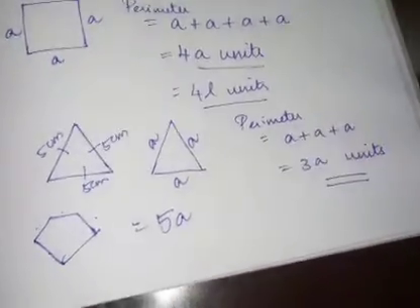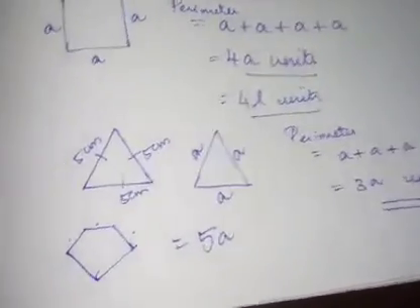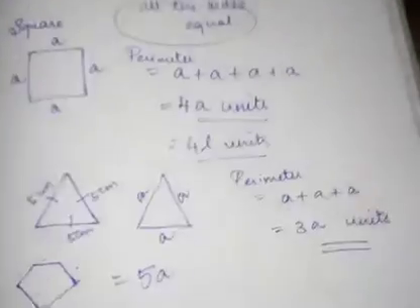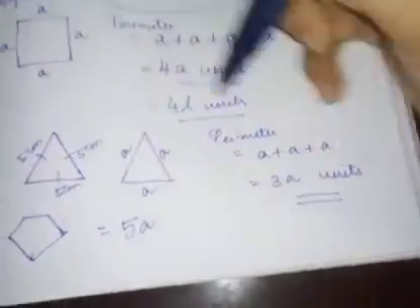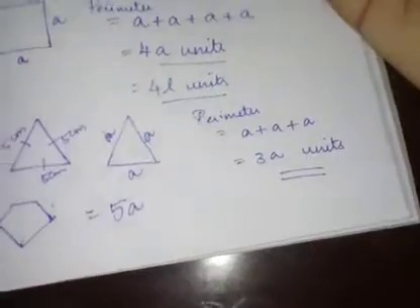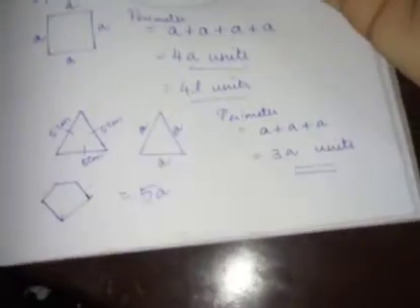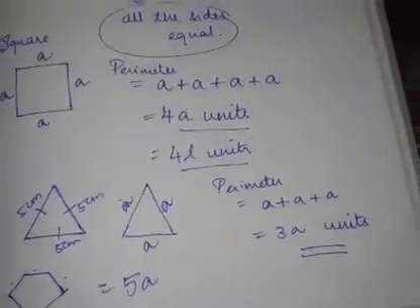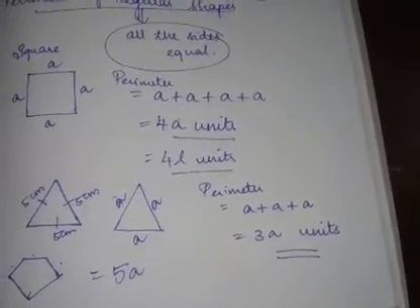Hexagon means 6A because it has 6 sides. Regular means all sides are equal. Square has 4 equal sides, so 4A units. Equilateral triangle has 3 equal sides, so 3A units. If 5 sides are equal, it is a regular pentagon, 5A units, 6A units, like that you can easily find many perimeters.